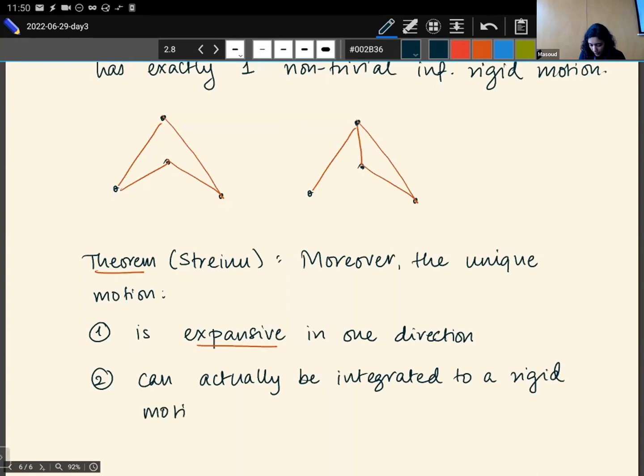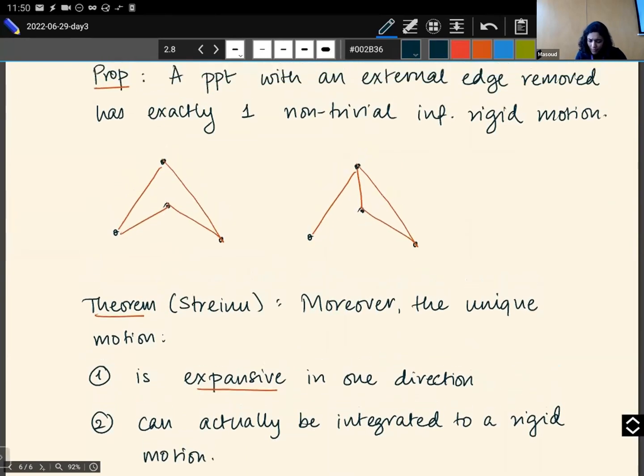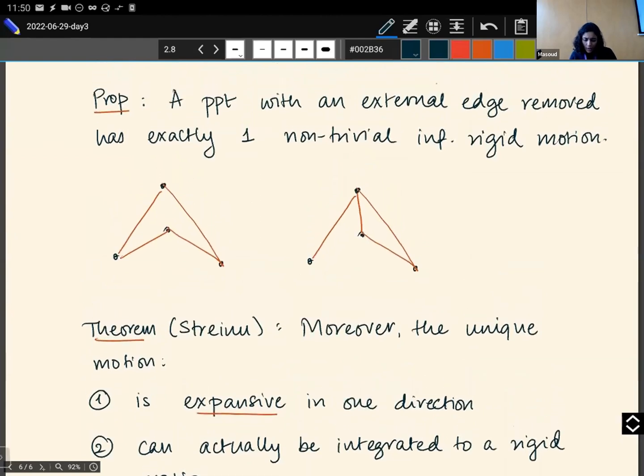So I won't discuss the proof of this. This is kind of tricky. Okay, so no matter what configuration like this you take, you get an expansive motion, and it's not just an infinitesimal motion. You actually can integrate it to an actual motion.